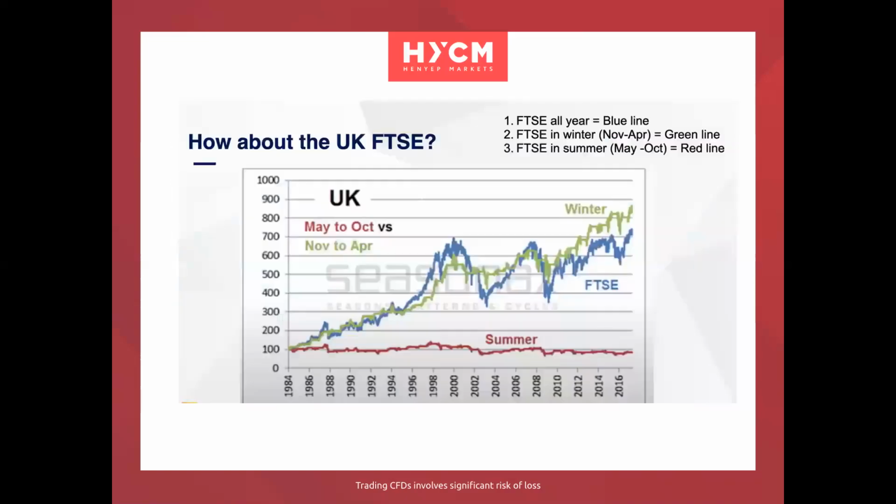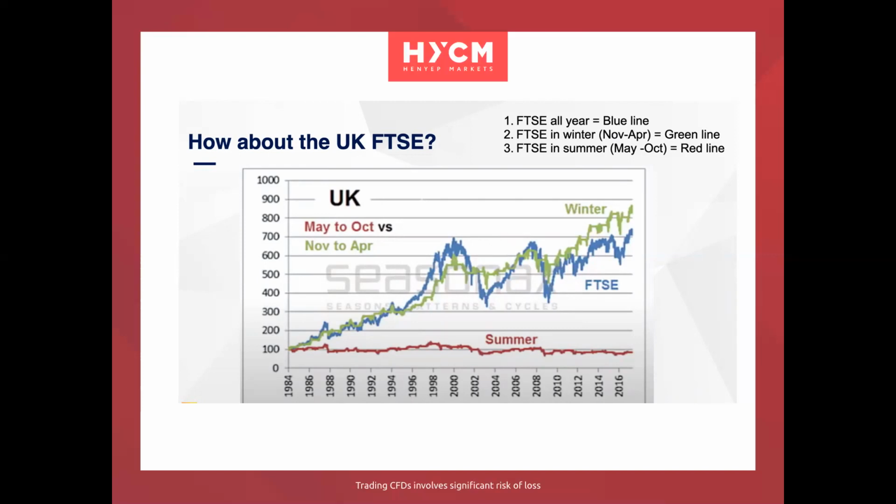Okay, so FTSE 100. If you look at the FTSE 100, you can see here that if you hold the market from May to October, you can see the red line.